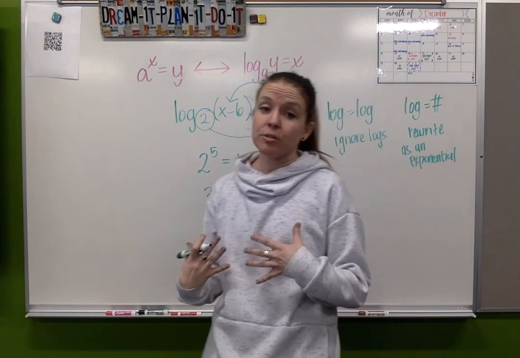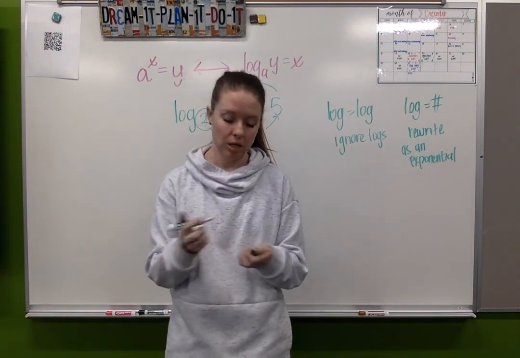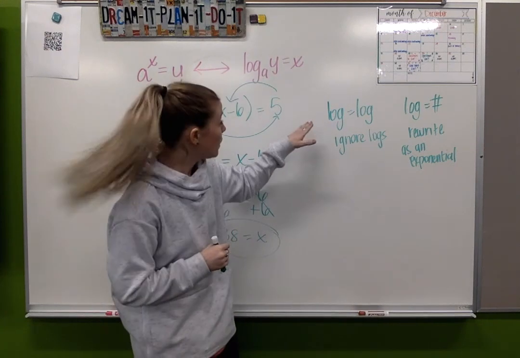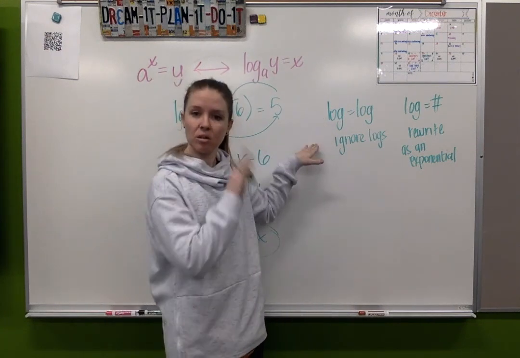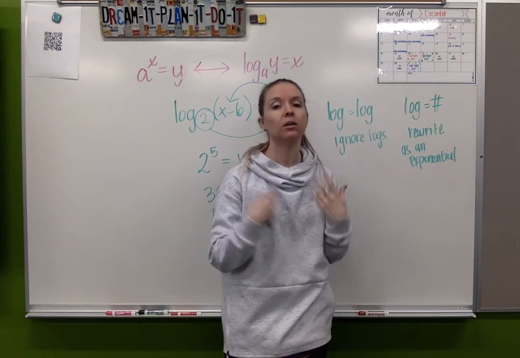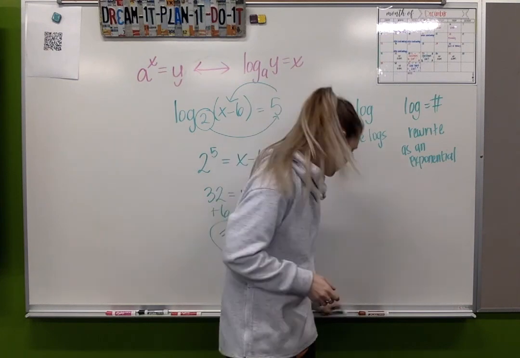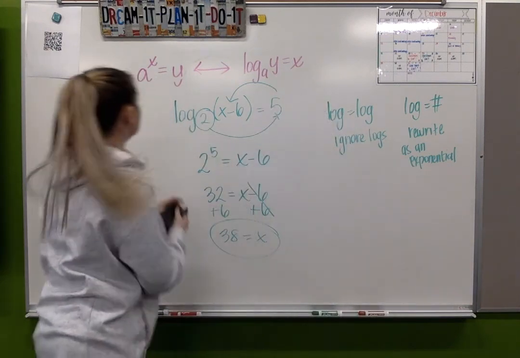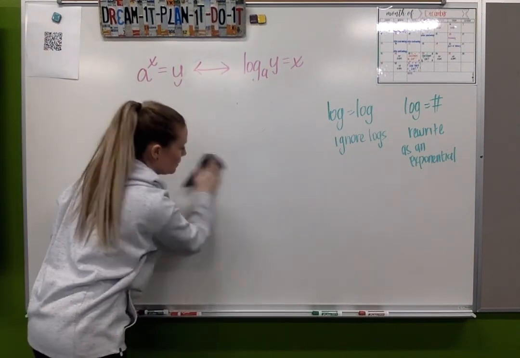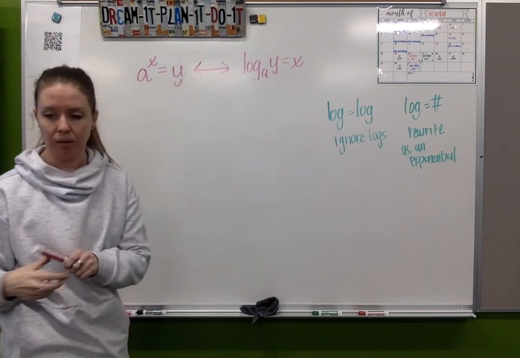All I'm going to be able to do now is make these examples just slightly more complicated. But that's the main process. If I can get a log to equal a log, ignore the logs and solve. If I can get one log equaling a number, rewrite it in exponential form, and solve. Okay. What I mean by one log equaling a number.